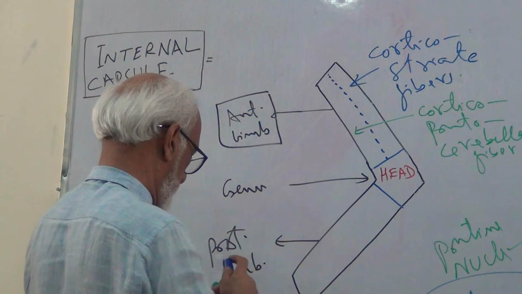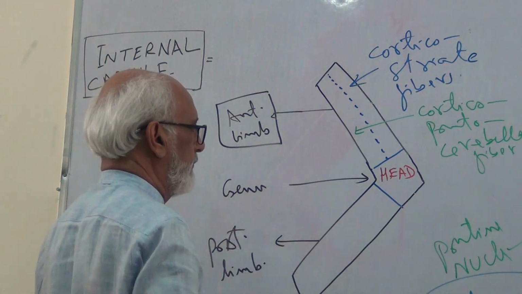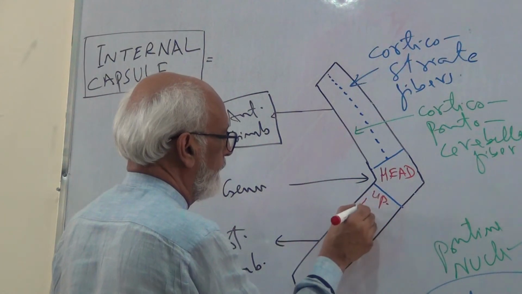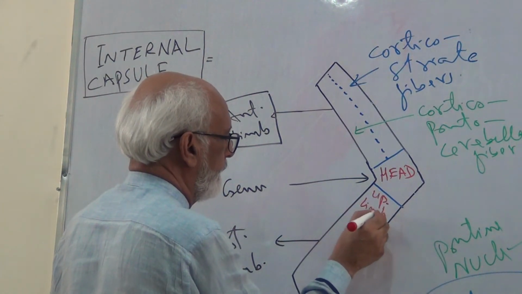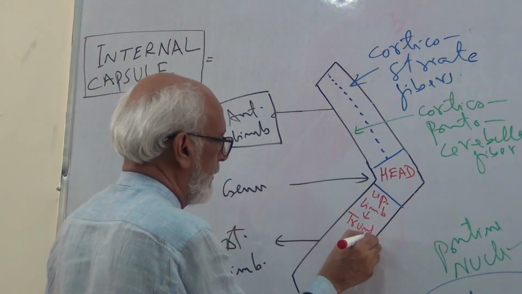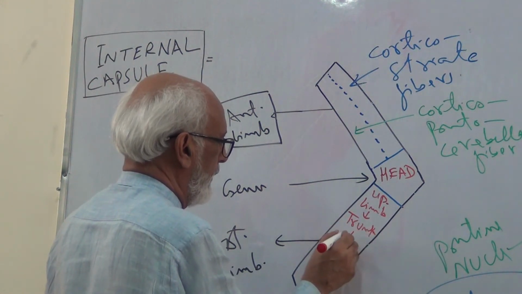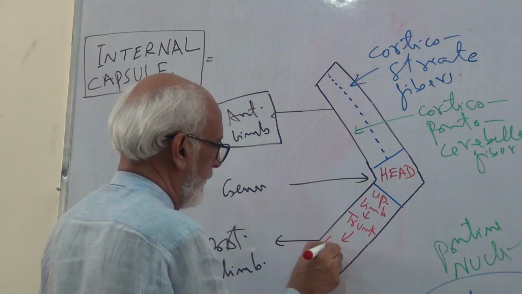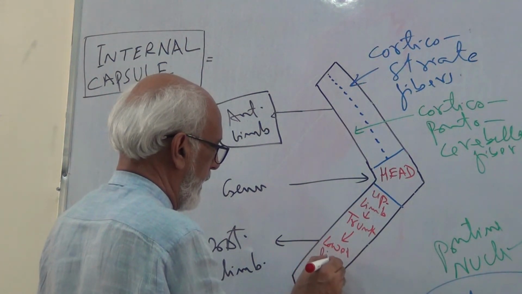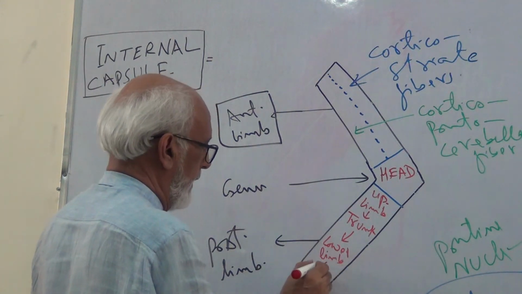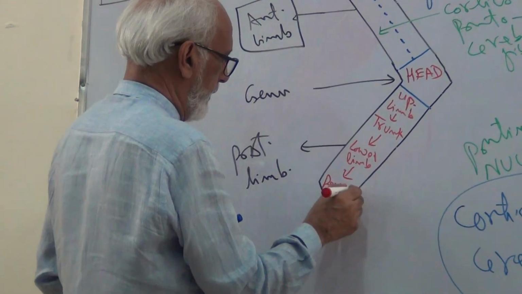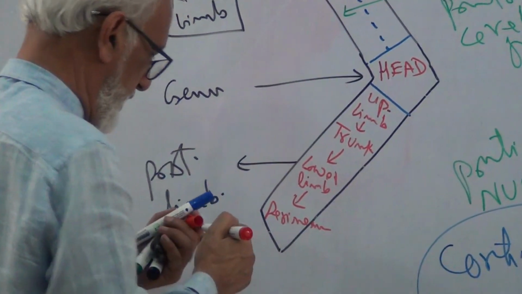So these are the upper limb, then trunk, then lower limb, and then perineum, the perineal region.